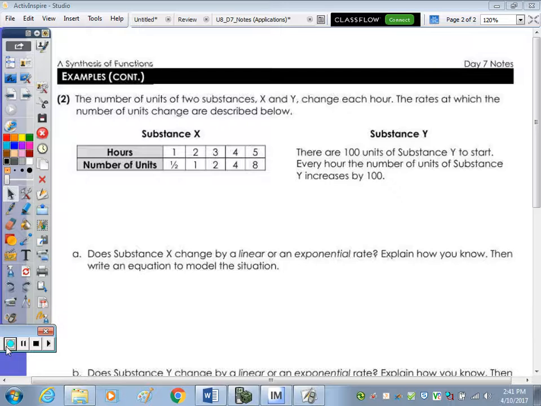The rates at which the number of units change are described below. So we have two substances, and we're looking at the data of hours and number of units. You don't see a table for substance Y, but you could make one. So let's make one. So hours and the number of units.